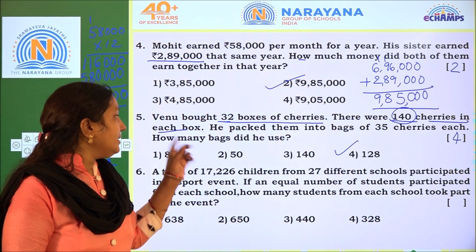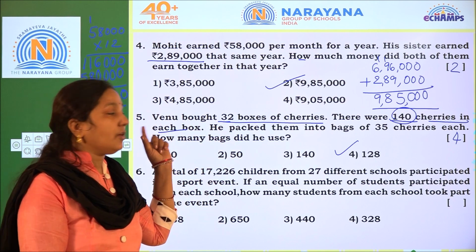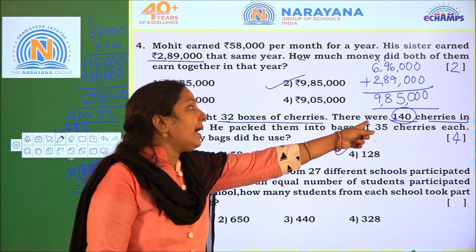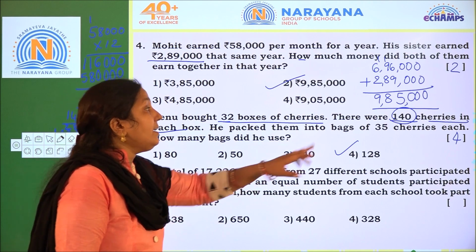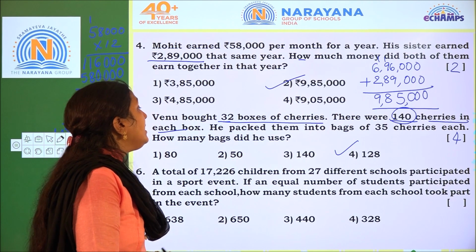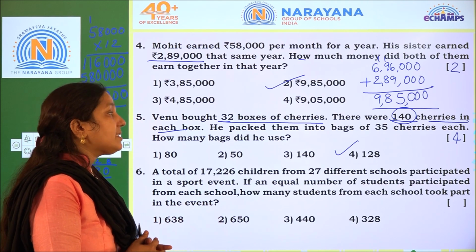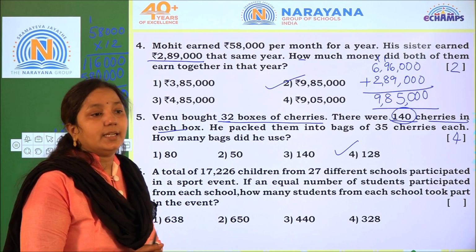Once again, children, see, Venu bought how many boxes of cherries? 32 boxes of cherries. Each box carries 140 cherries. And then what did he do again? He packed them into bags of 35 cherries each.